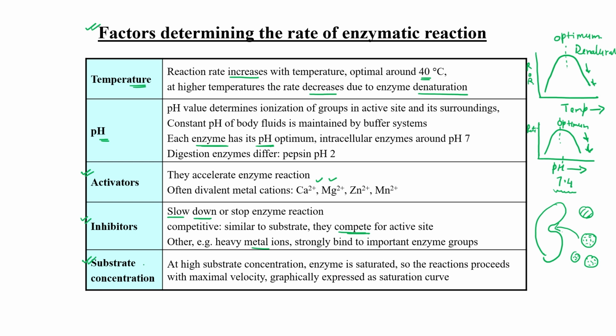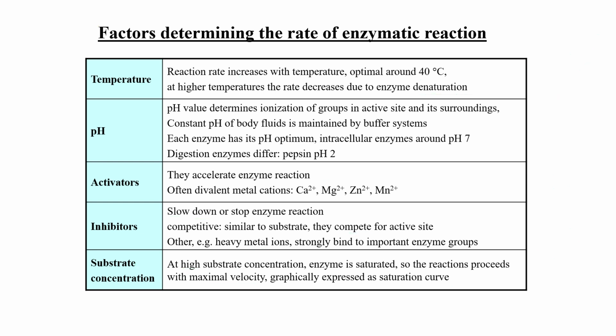Now, substrate concentration: at high substrate concentration, the enzyme is saturated, so the reaction proceeds with maximum velocity, graphically expressed as a saturation curve. This last point we will discuss in detail in the coming slide. These are the factors which affect the enzymatic reaction.